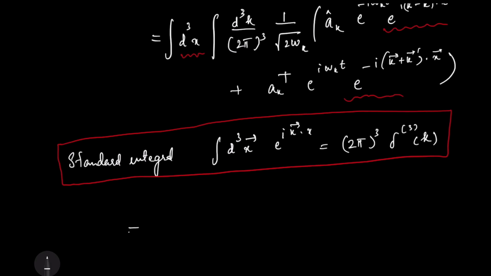So this is equal to integral d cube k by 2 pi cube, 1 by root of 2 omega k.